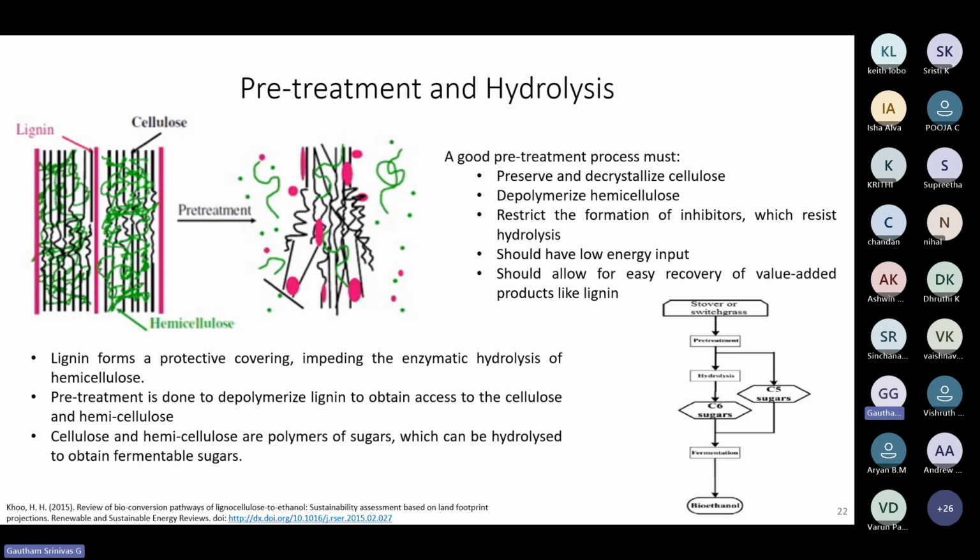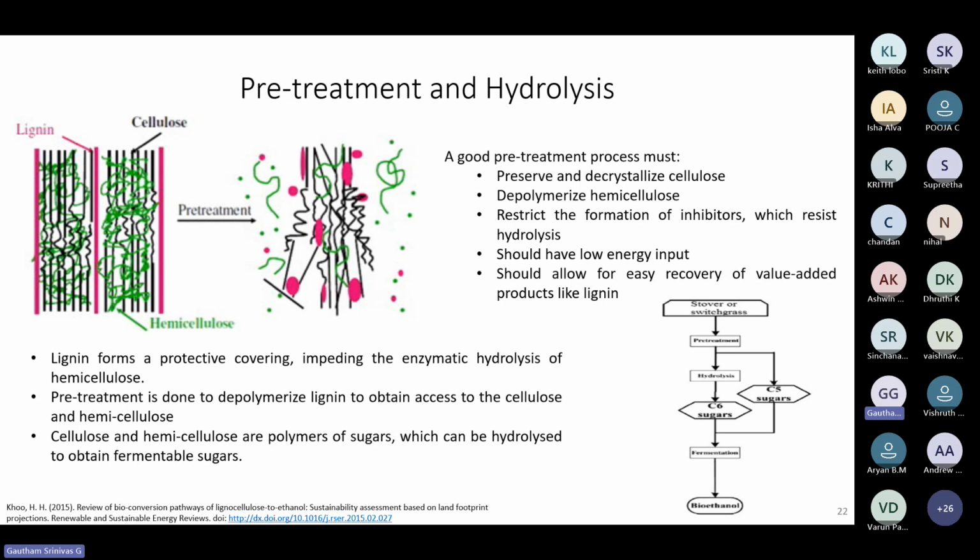Okay, so this needs to be broken first before the hydrolysis can happen. So pre-treatment is done to depolymerize the lignin and obtain access to the cellulose and hemicellulose. And the cellulose and hemicellulose are polymers. Okay, so they need to be hydrolyzed to obtain fermentable sugars.